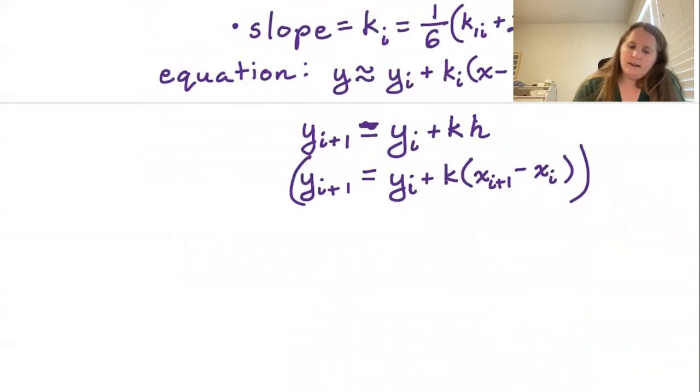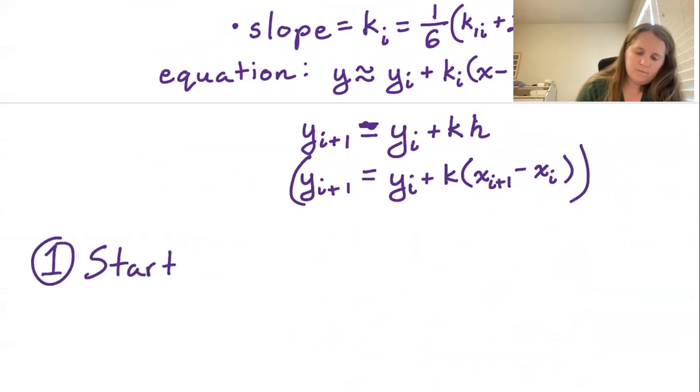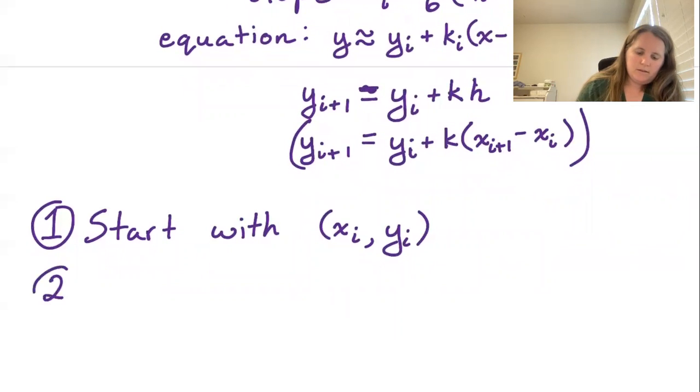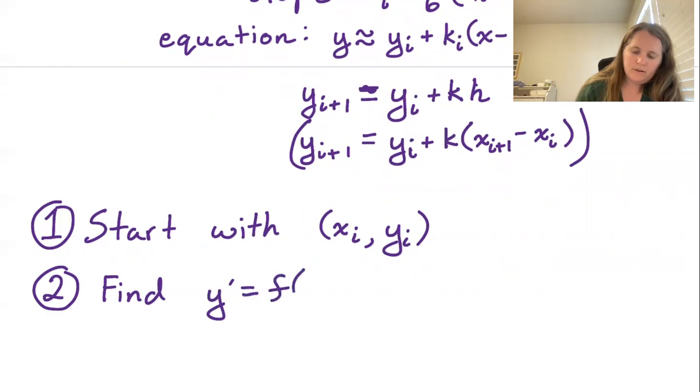So again, the algorithm for our various k's. So we start with xi, yi. Find y prime equals f of xi, yi.